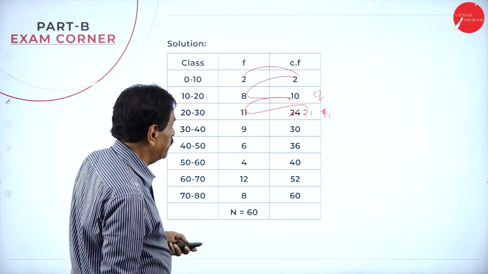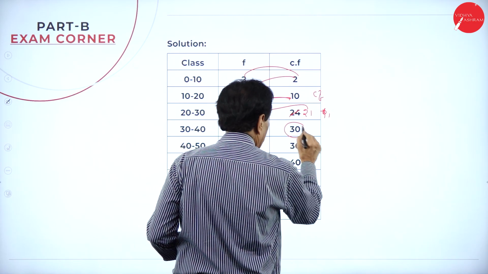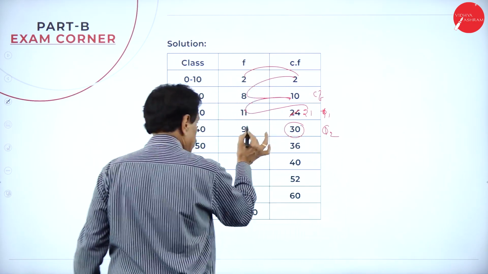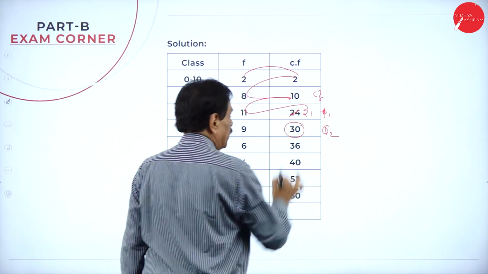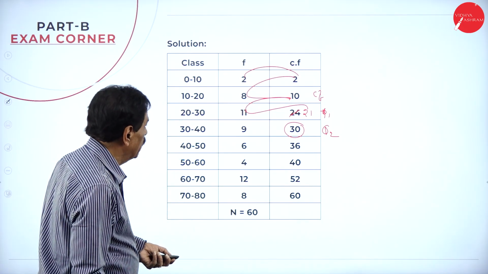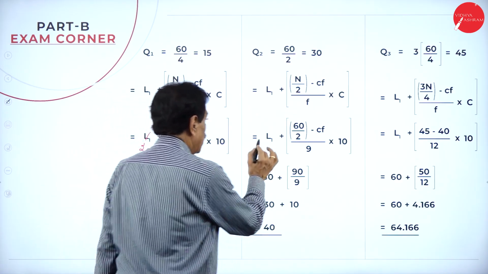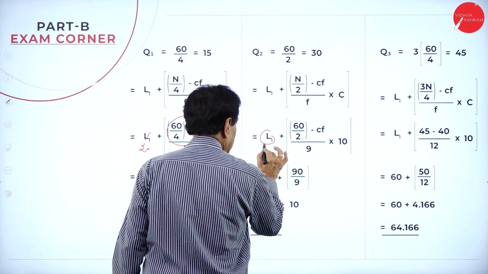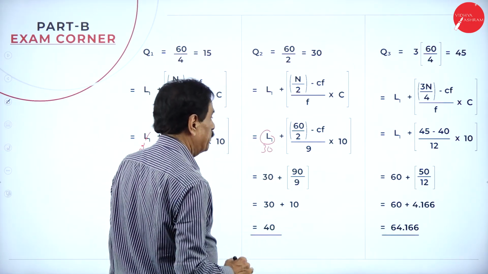Come back to Q2: 60 by 2 is 30. Find 30, where it will come. Exactly, it will come here. This is your frequency, this is your cumulative frequency. For Q2, L1 is 30, then 60 by 2 is 30.